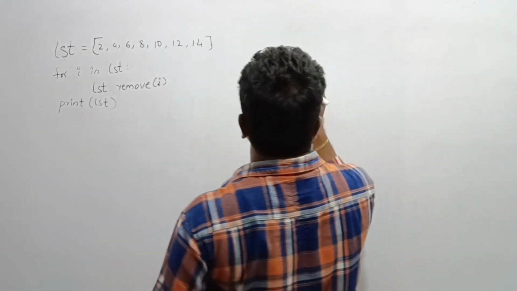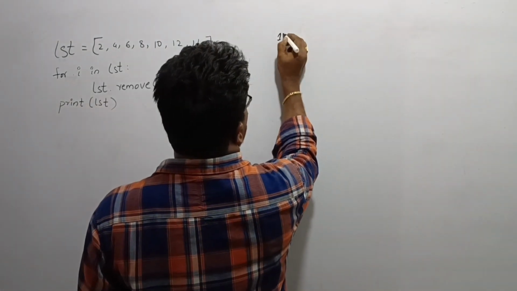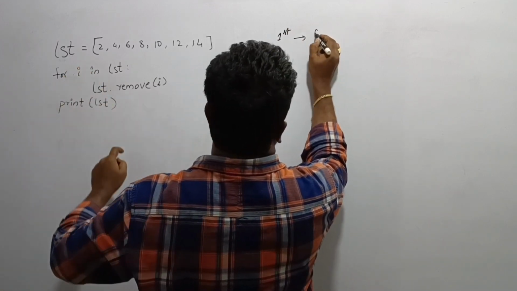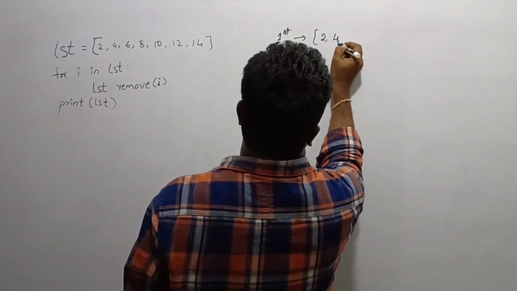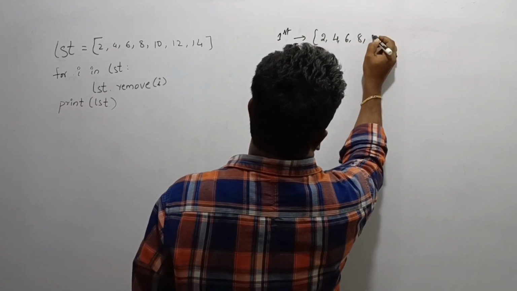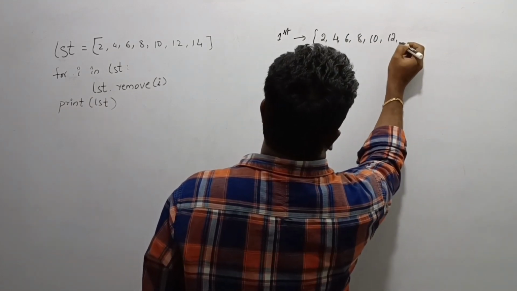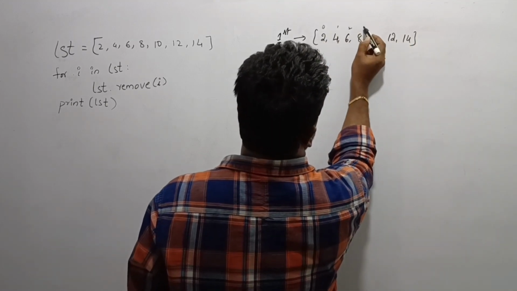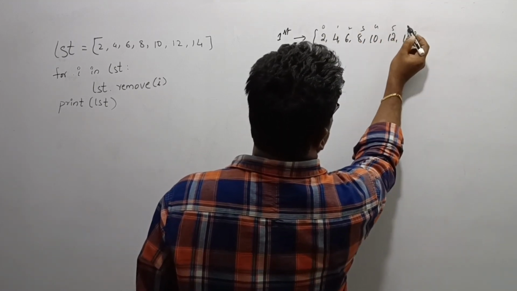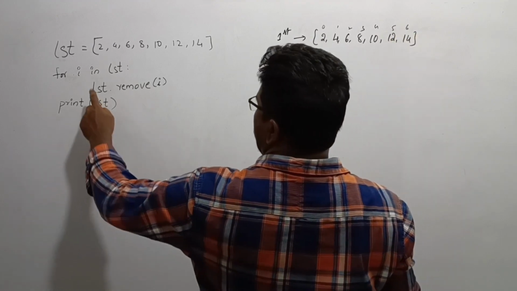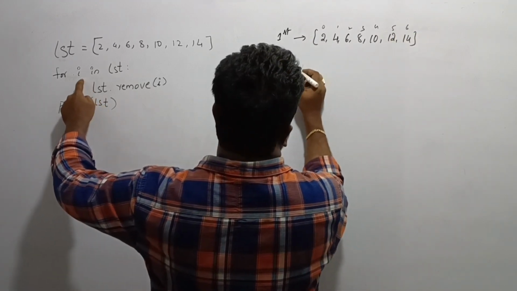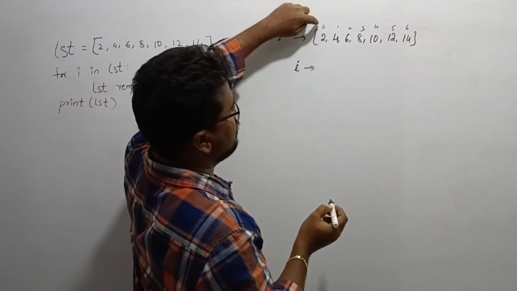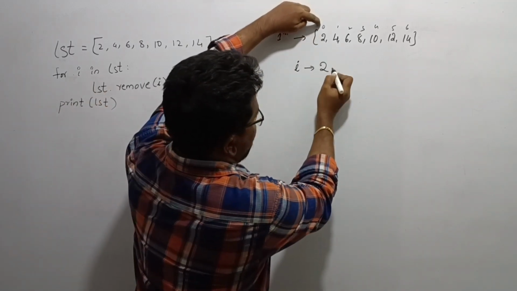Now let's see the first iteration. In the first iteration, the list is 2, 4, 6, 8, 10, 12, 14. Index numbers are 0, 1, 2, 3, 4, 5, 6. The first time, the i value is the index 0 value. What is the index 0 value? 2 will come.